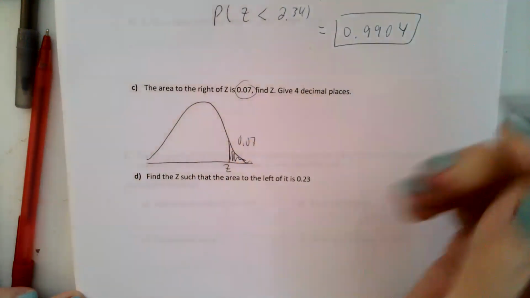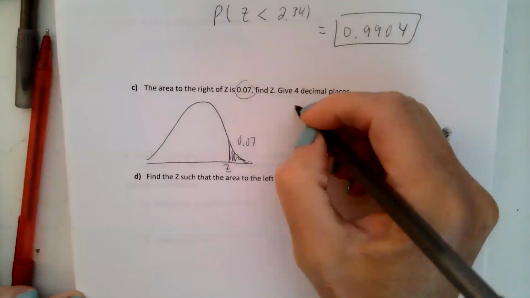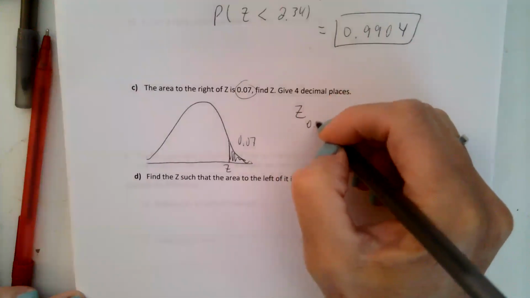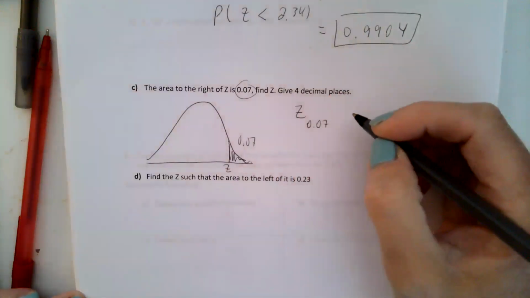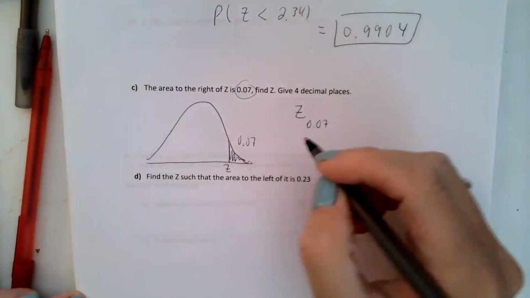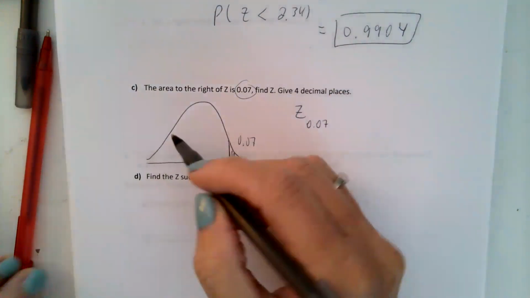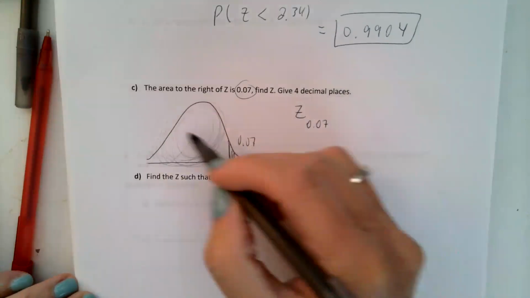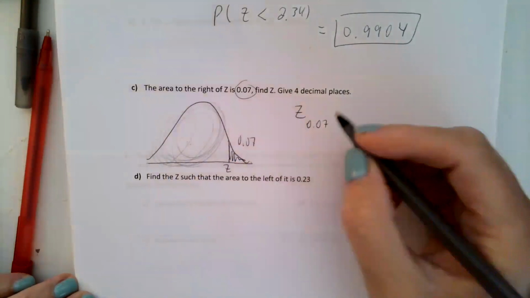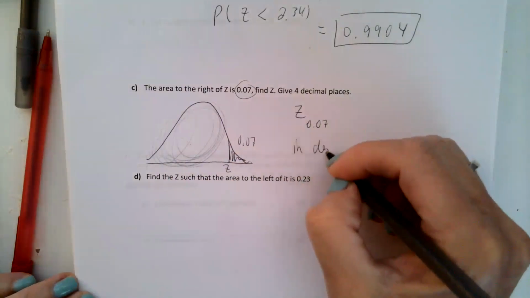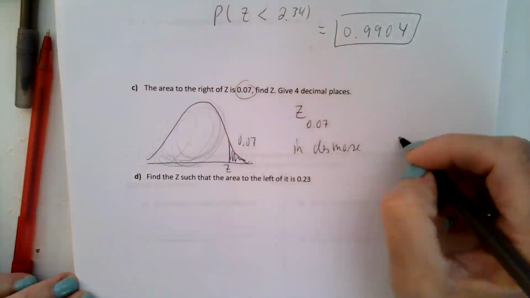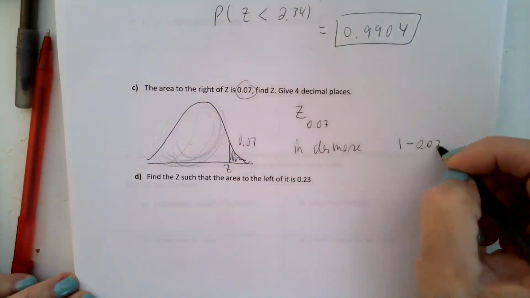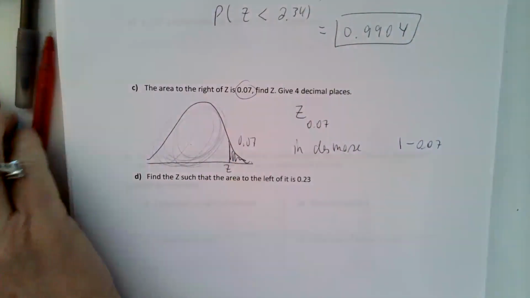And we want to find the Z of that. But we have to remember that Desmos only lets you insert into the inverse the left-hand area. So in Desmos, we have to use 1 minus 0.07 for it to calculate.